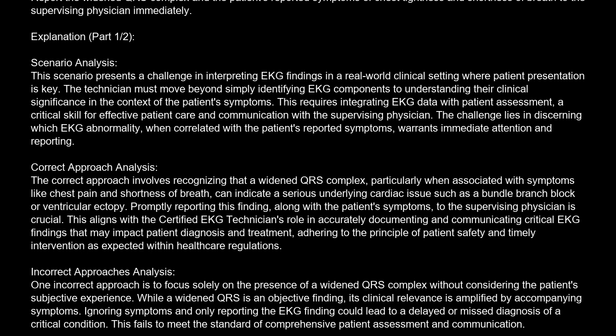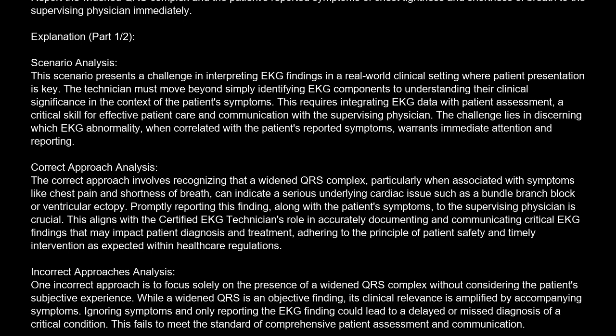Incorrect approaches analysis. One incorrect approach is to focus solely on the presence of a widened QRS complex without considering the patient's subjective experience. While a widened QRS is an objective finding, its clinical relevance is amplified by accompanying symptoms. Ignoring symptoms and only reporting the EKG finding could lead to a delayed or misdiagnosis of a critical condition. This fails to meet the standard of comprehensive patient assessment and communication.